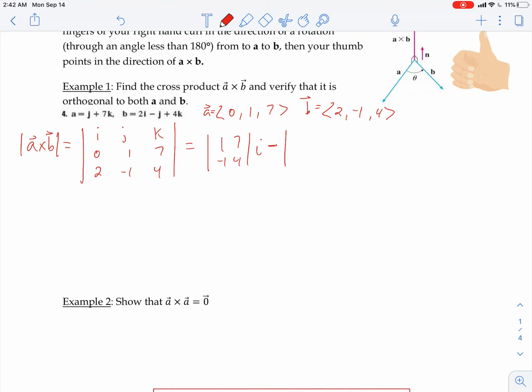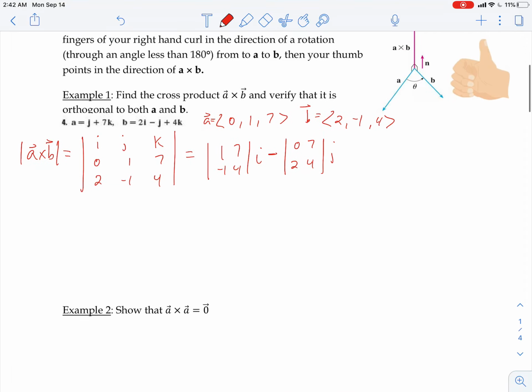Now I'm trying to find the second component, so I'm going to do 0, 7, 2, 4 times component j, and then for component k, the last part's going to be plus, and then I have 0, 1, 2, negative 1, k.